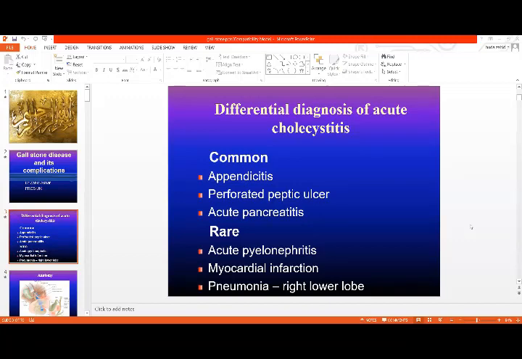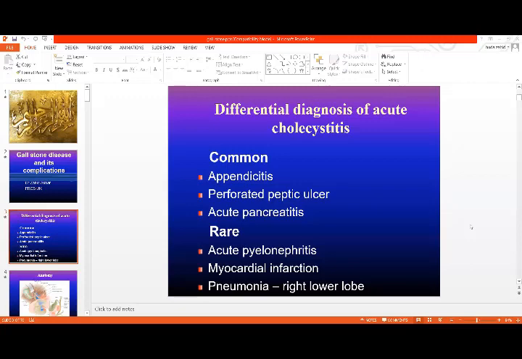In that case, that means you need to admit the patient, examine again and again, and get the proper investigation. In addition to routine investigations, do a full blood count, that is complete blood count, CBC, get the chest X-ray done, and also the erect chest X-ray to exclude perforation, to check there's no gas under the diaphragm.